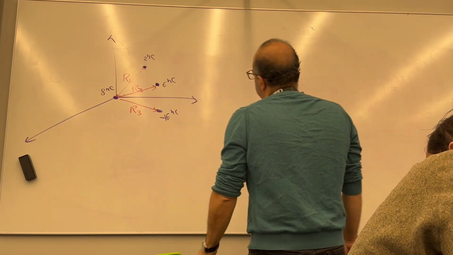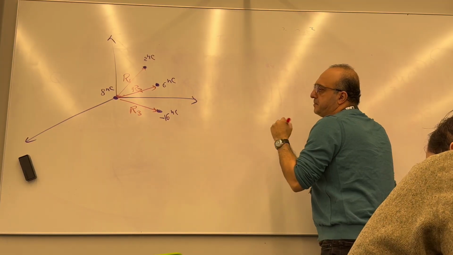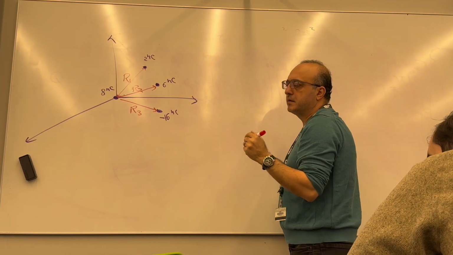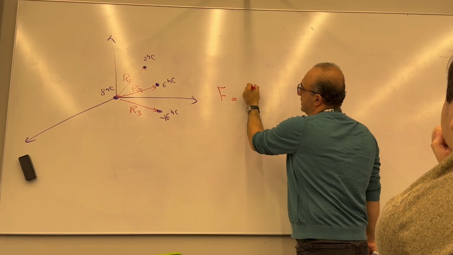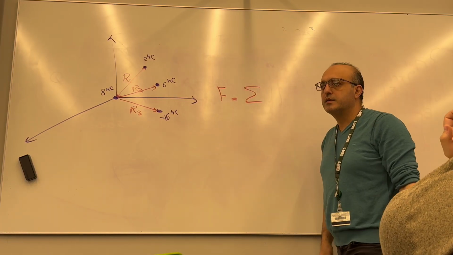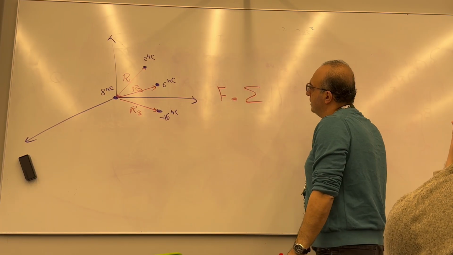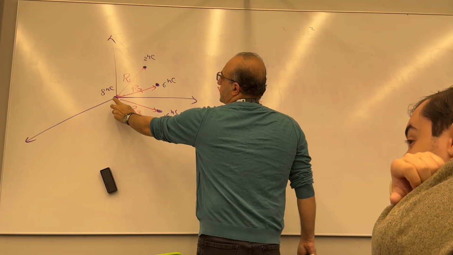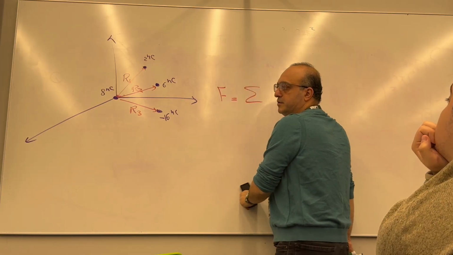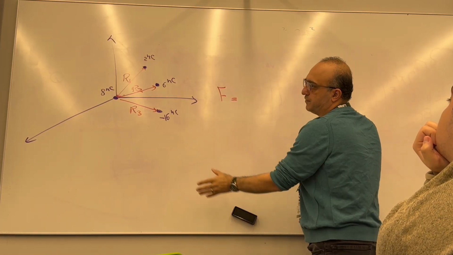So, what was the formula? The force or electric field was sigma of Q2, Q, or Q squared. This Q is a common part for all of them.